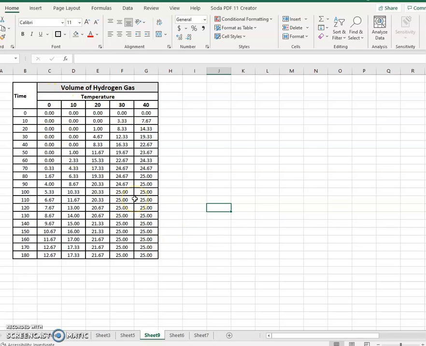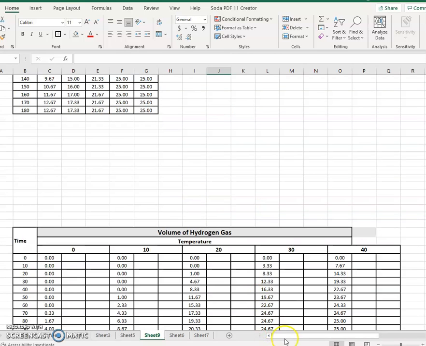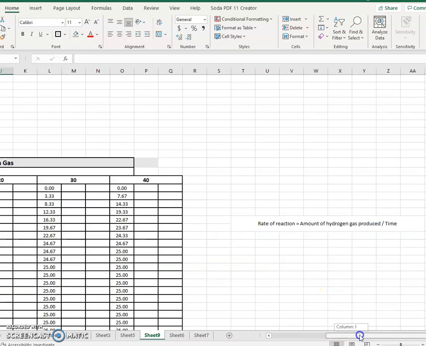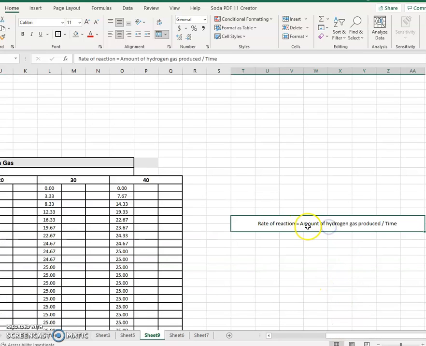Now, the formula for the rate of a reaction is, I'll go over here, the rate of reaction equals the amount of hydrogen gas produced divided by time. So that is the speed at which the reaction is occurring.